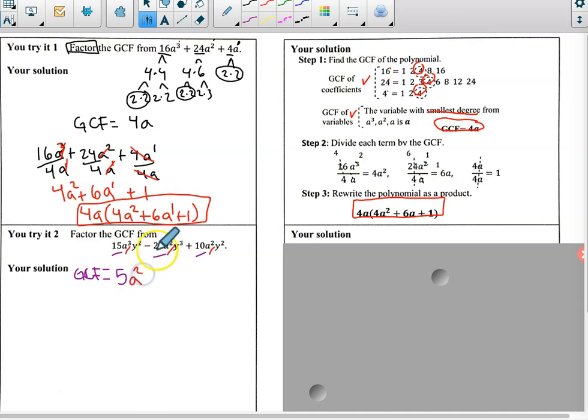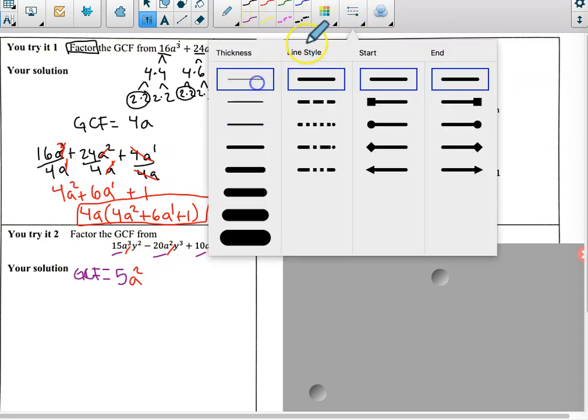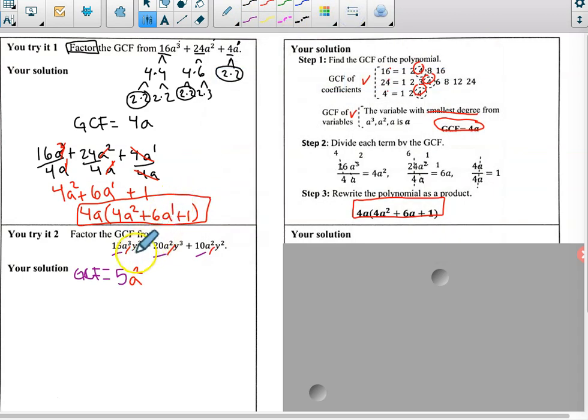That's our GCF. And let's not forget about the y. For the y, we have y squared, y to the third, and y squared. The smallest exponent is the 2, so we're going to use y squared as part of our GCF.